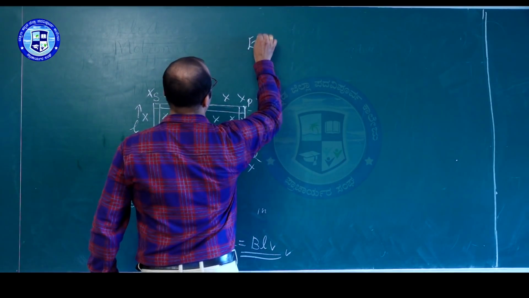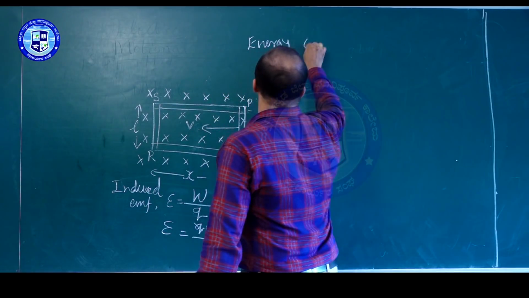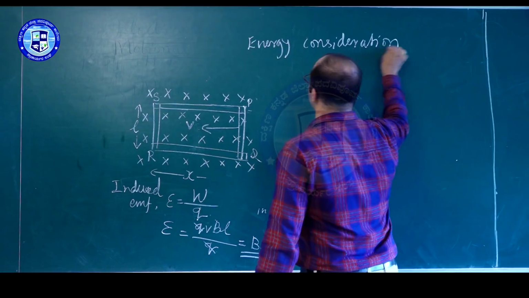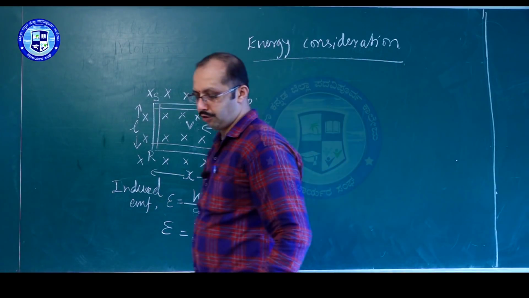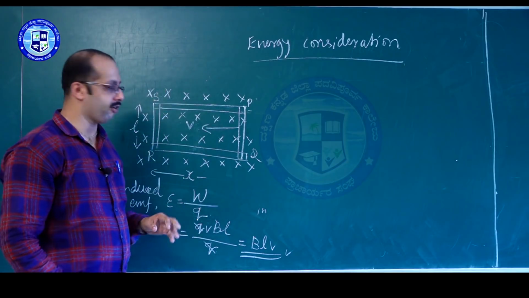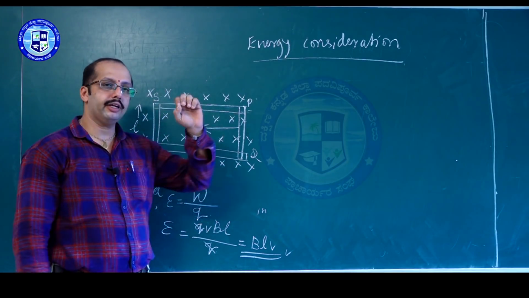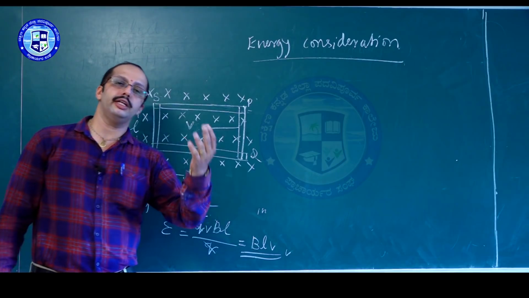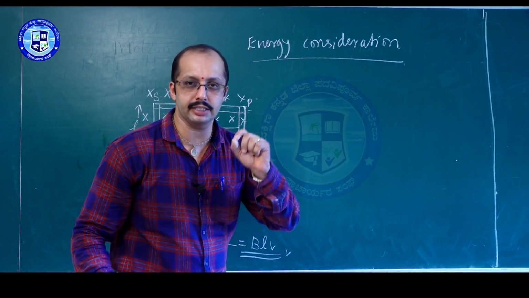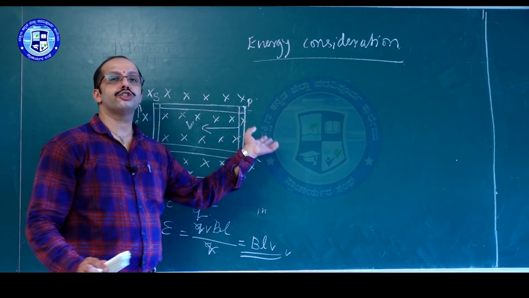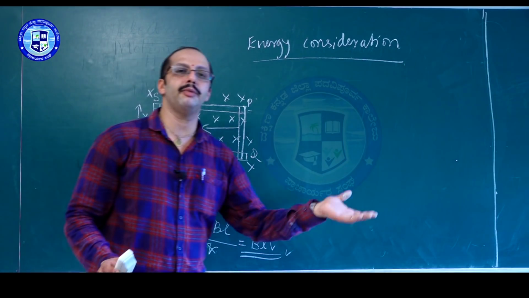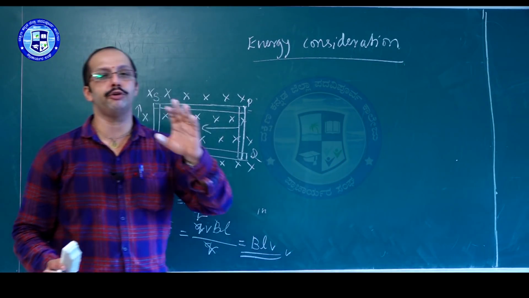So, energy consideration. We are explaining the law of conservation of energy by using the explanation of Lenz's law. According to Lenz's law, the polarity of induced EMF is such that it tends to produce a current which opposes the changes in the magnetic field that produce it.